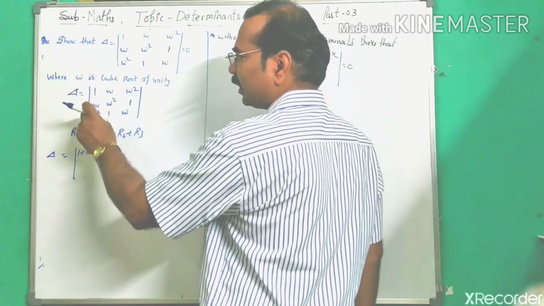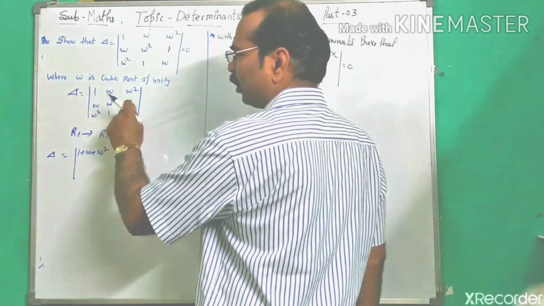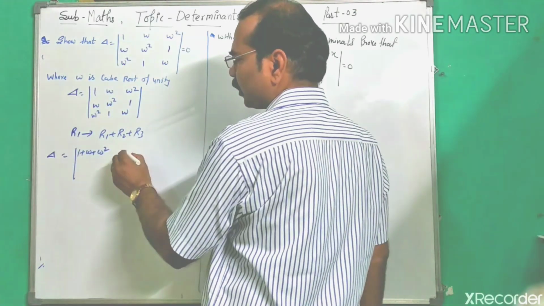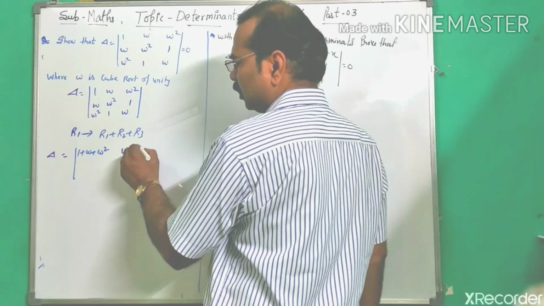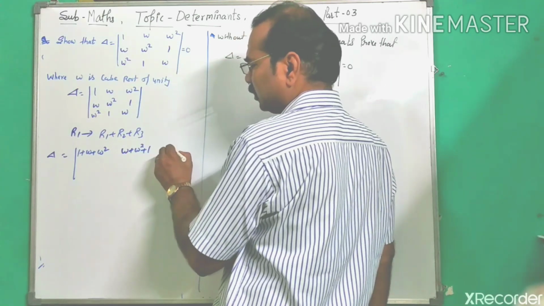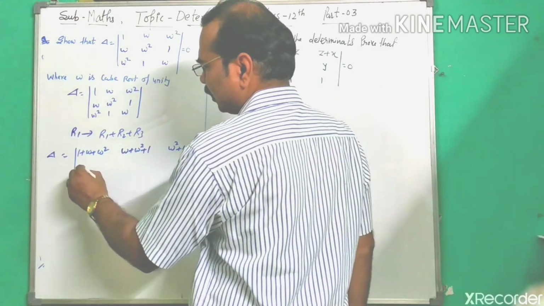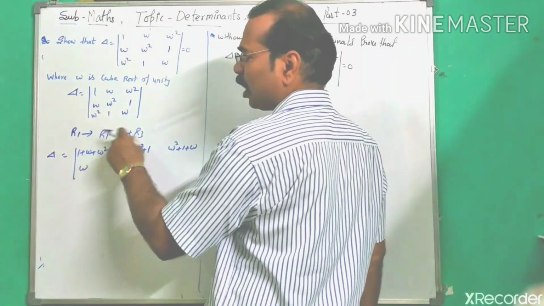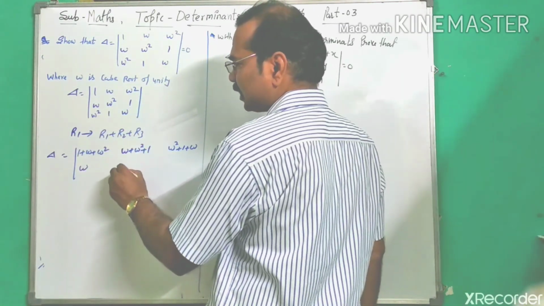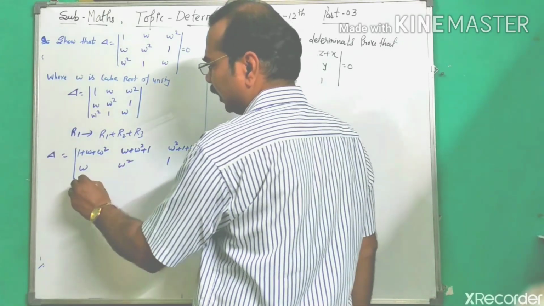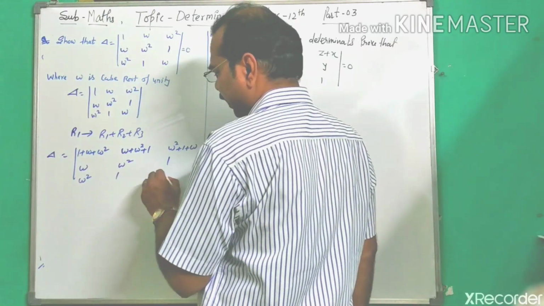That is, we add the first row, second row and third row. So the first row becomes 1 plus omega square plus omega, and so on. The second row remains the same, and the third row is also the same: omega square, 1 and omega.